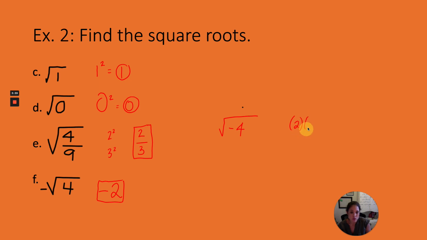We can do 2 times 2, and that would equal 4. That's not the same thing as negative 4. And we can multiply negative 2 times negative 2, and that equals a positive 4. So it's not possible to get a negative 4. This is not what you would call a real number, okay?